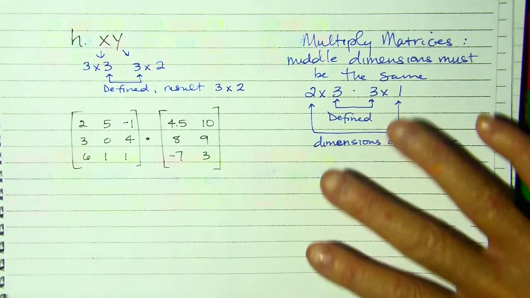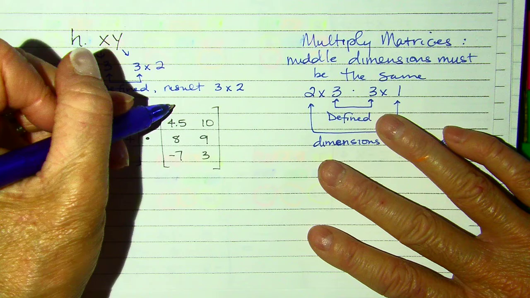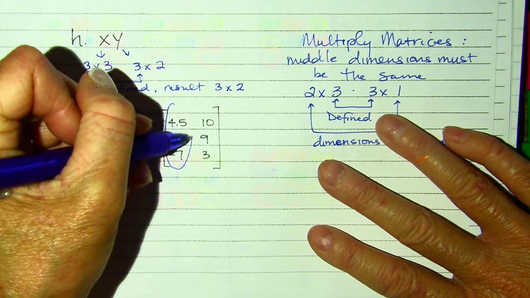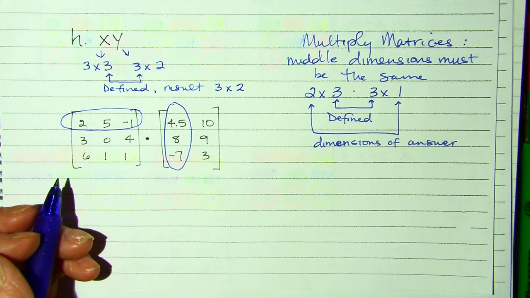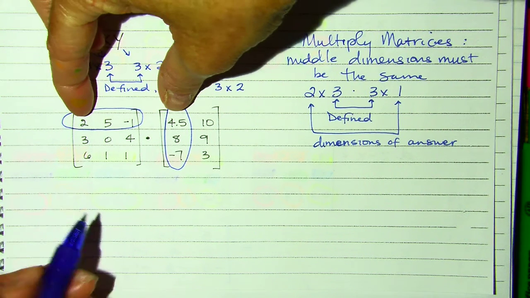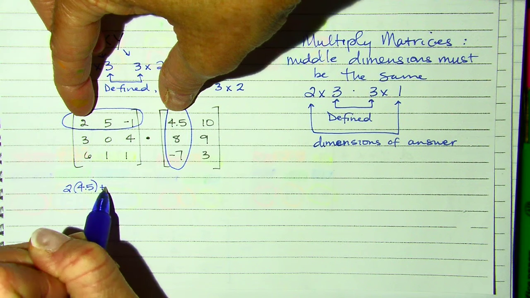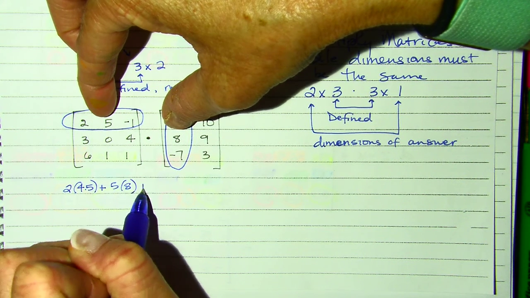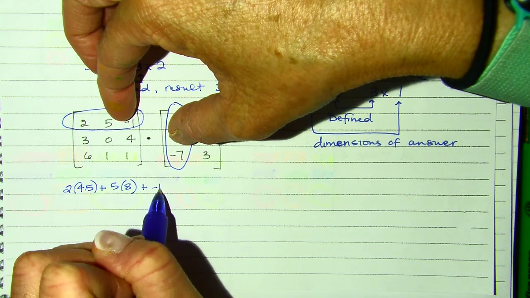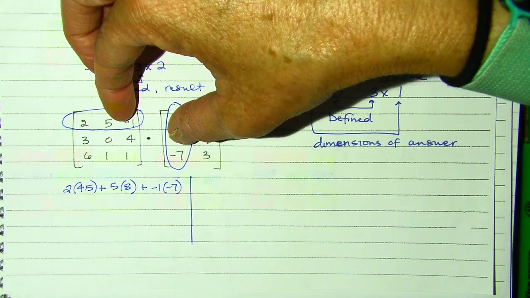I take the top row, and I'm going to multiply it by the first column. And we're going to find the sum of their products. So I'm matching these first two numbers. 2 times 4.5 plus the next two numbers, 5 times 8 plus negative 1 times negative 7. I'm going to draw a line.